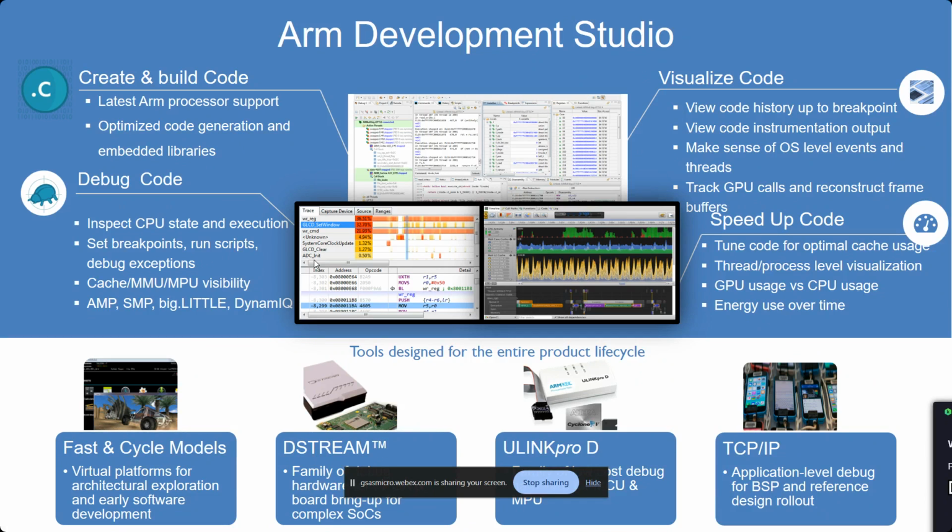For heterogeneous processor systems and multi-core systems, ARM suggests Development Studio. So it's specifically for Cortex-R and A. That doesn't mean ARM DS cannot be used for Cortex-M. It can be used. This is a single universal tool suite which supports all ARM processors, Cortex-A, Cortex-R, and M.